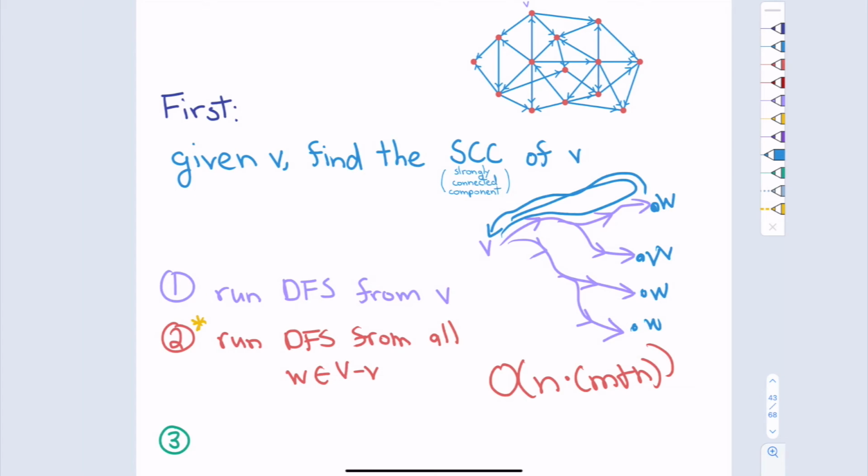As you run DFS from V, if you find breadcrumbs, that might hint at turning around or cycling back. At a high level, can we maybe open up the depth first search algorithm and try to do something clever? As I'm searching along here, maybe I find some backwards edges.